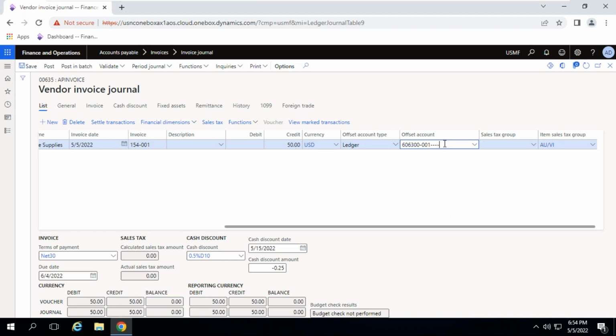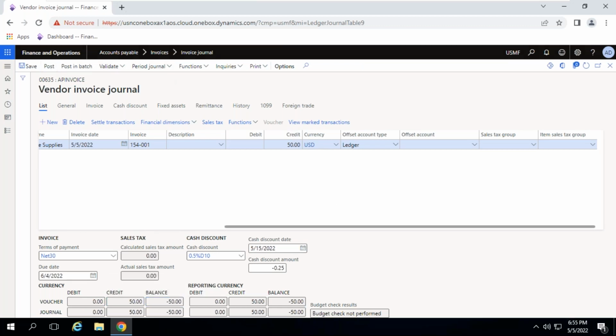If in case you have not entered this, debits are 0, credits are 50, and the total balance difference is minus 50.